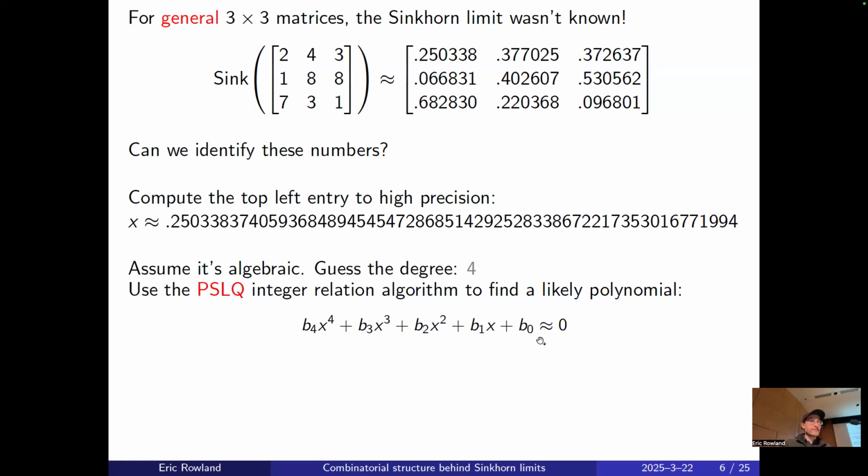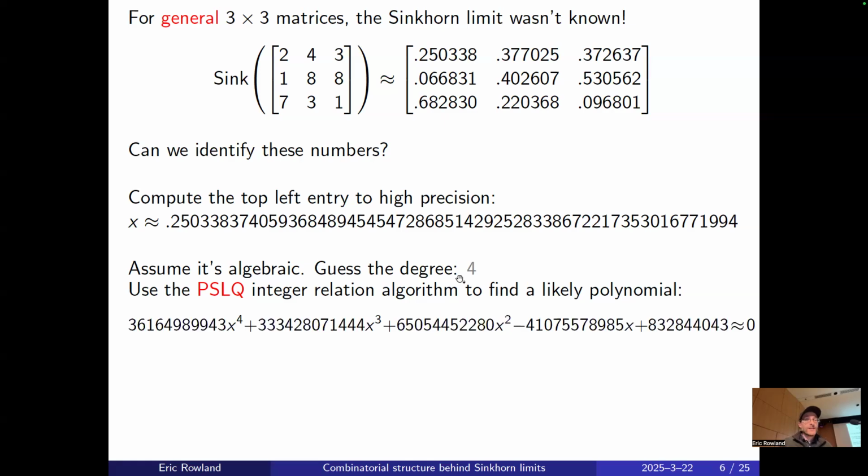You look for an integer linear relation among those 5 numbers, and PSLQ will give you some coefficients b4 through b0 to make that linear combination fairly close to 0. So this is what you get for degree 4.